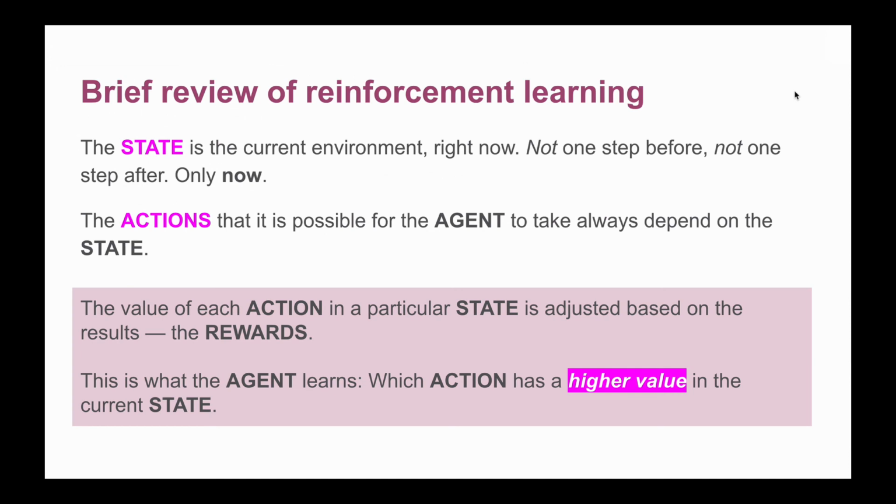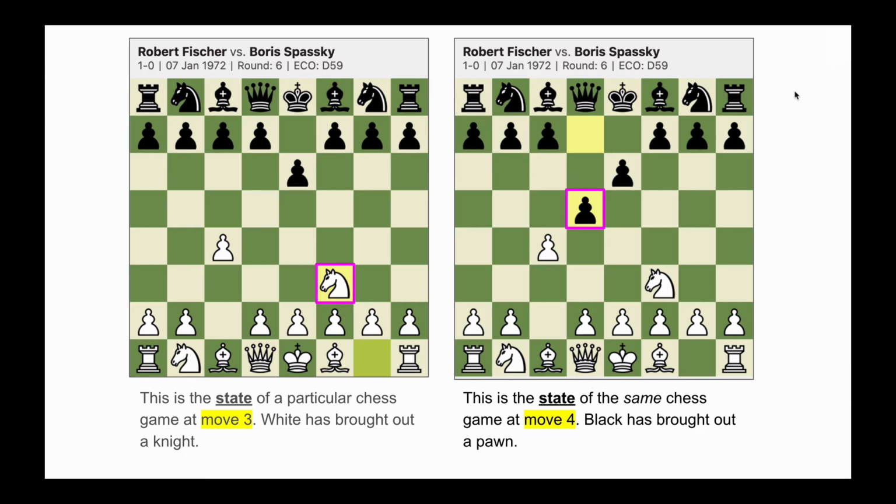As the agent learns, the value of each action in a particular state is adjusted. Each move creates a brand new state. The next move or action for one agent is evaluated based on the current state.